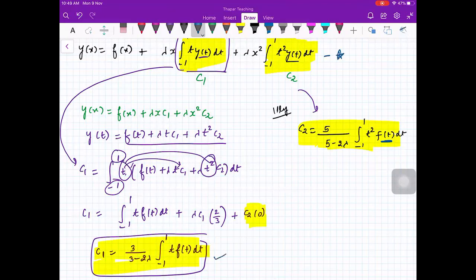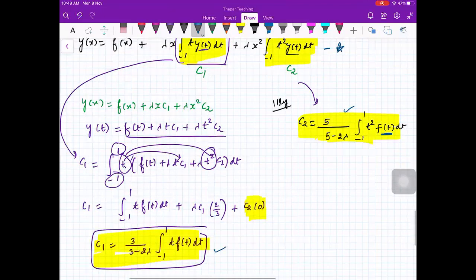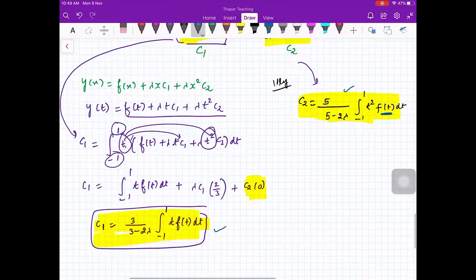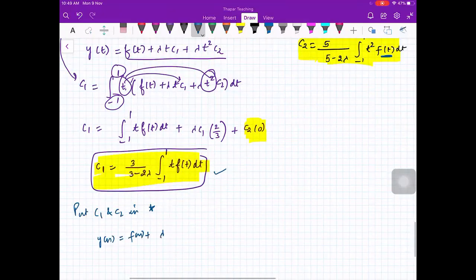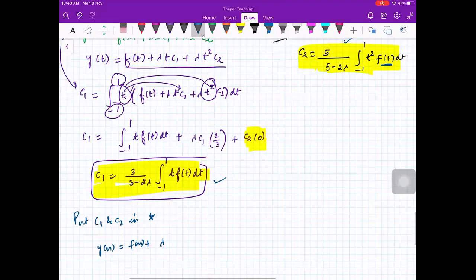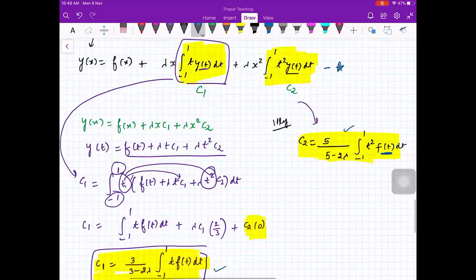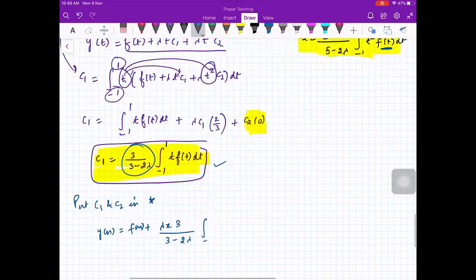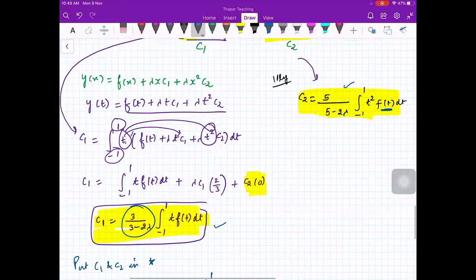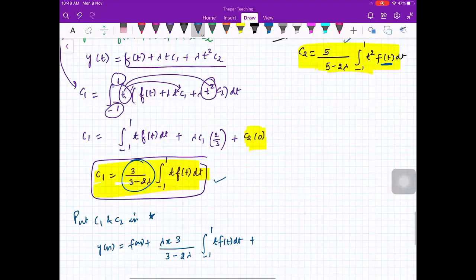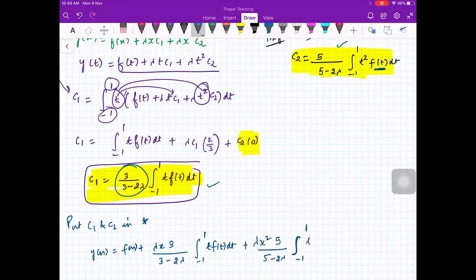Now put these values of C1 and C2 in star. You'll see what you'll get: y of x is equal to f of x plus lambda x into C1, where C1 is 3 upon (3 minus 2 lambda) integral from minus 1 to 1 of t f of t dt, plus lambda x square into C2, where C2 is 5 upon (5 minus 2 lambda) integral from minus 1 to 1 of t square f of t dt.